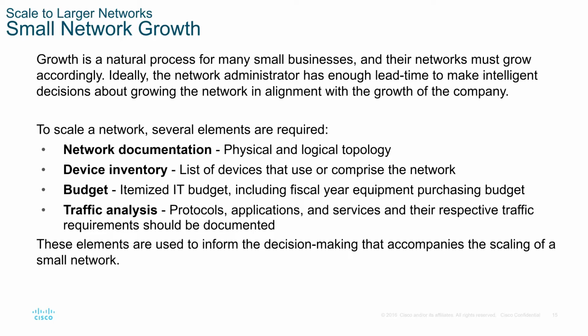When the network is first built, the protocols that are running may be more of data transfer. As the network grows, it may be more of voice and video. So a constant, up-to-date traffic analysis is key when expanding the network. All these elements are used to inform the decision making that accompanies the scaling of a small network.